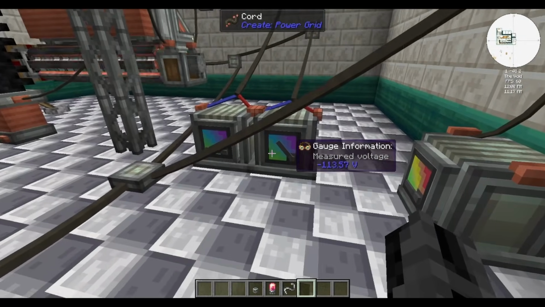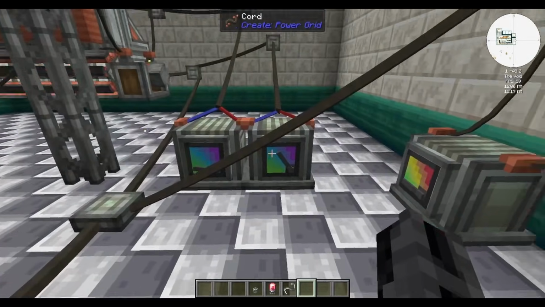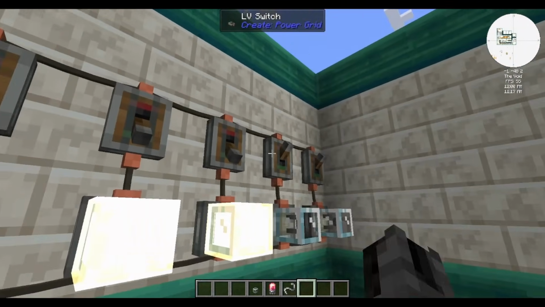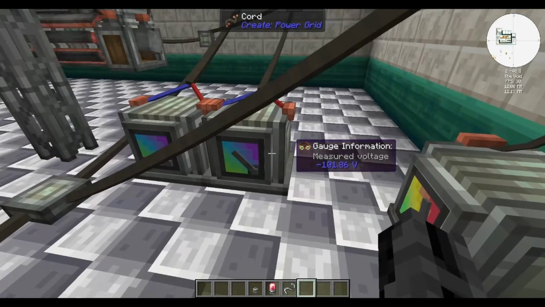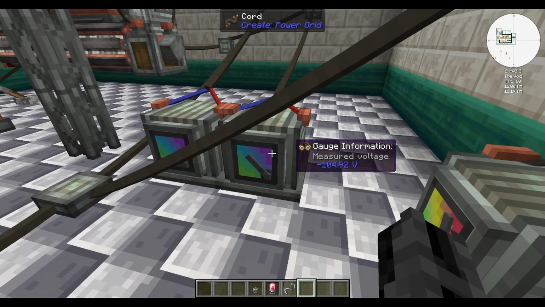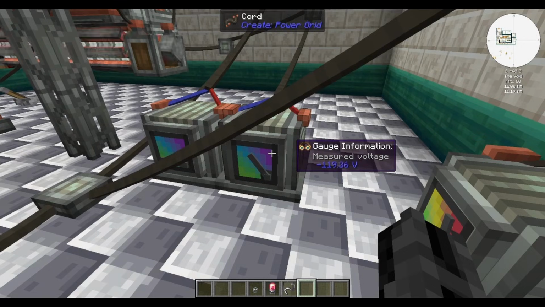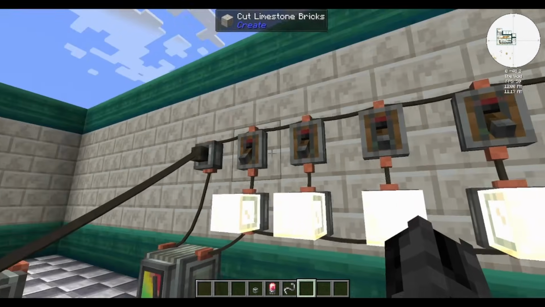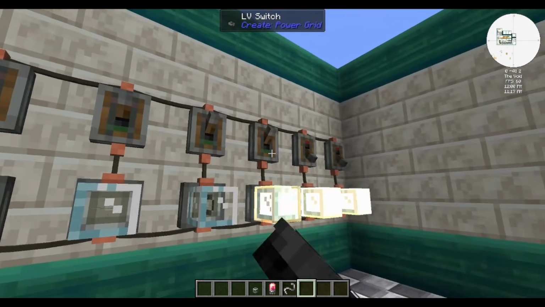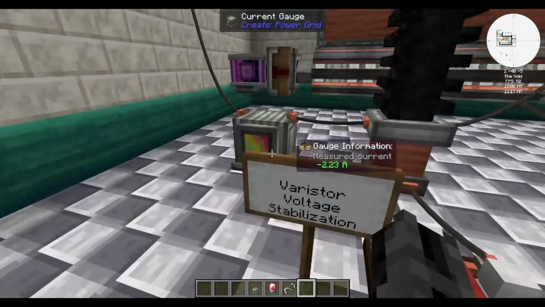So yeah, here you have around 120 volts. It's gonna stabilize. There it is. And now if I load, it's gonna stay around 120. It went down, but now it's going to recover. It takes a while. There we go. So that's another example of these varistors being used. It's a pretty cool component, pretty essential.